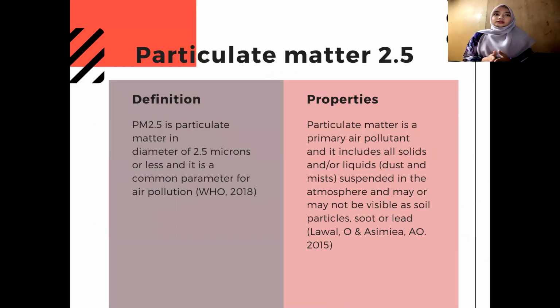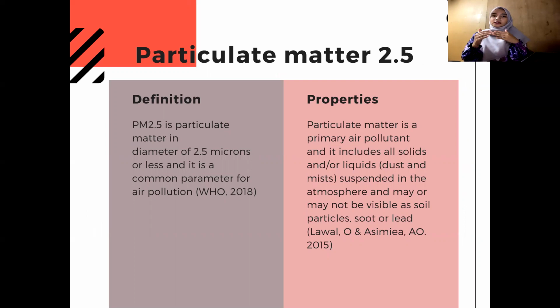For the literature review, first is about particulate matter 2.5. The definition of particulate matter 2.5 is particulate matter with a diameter of 2.5 microns or less, and it is a common parameter for air pollution.